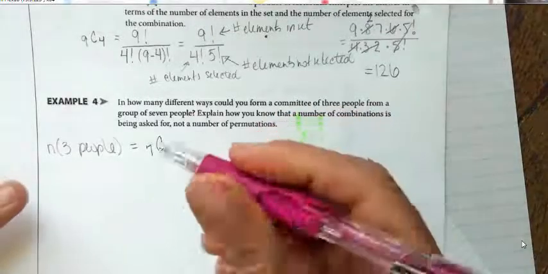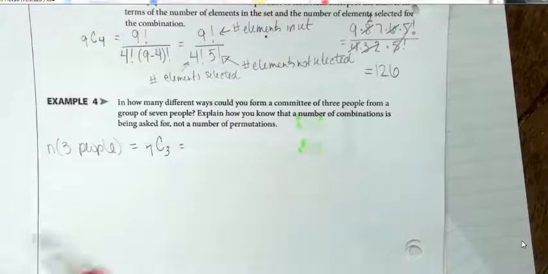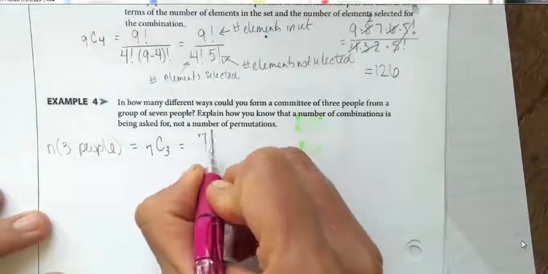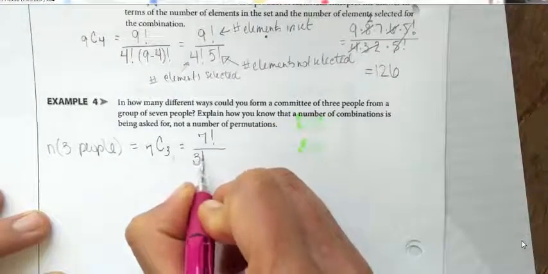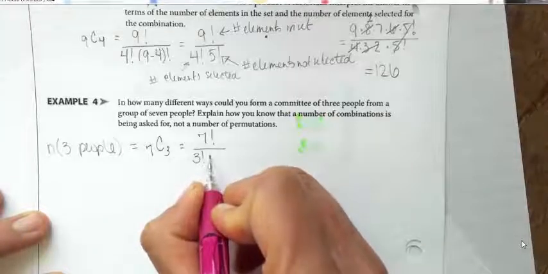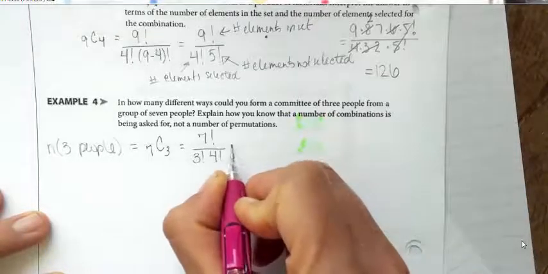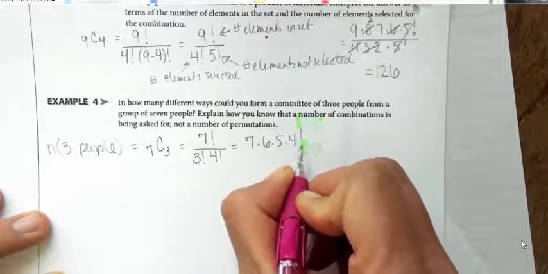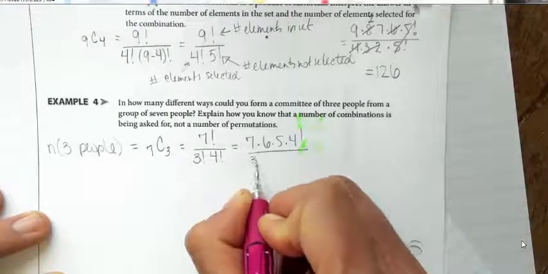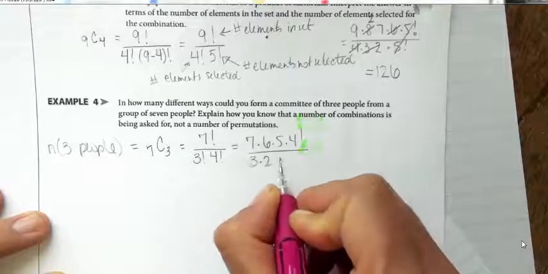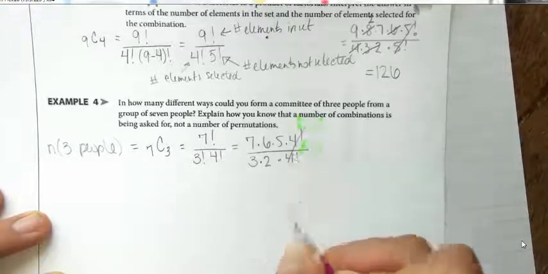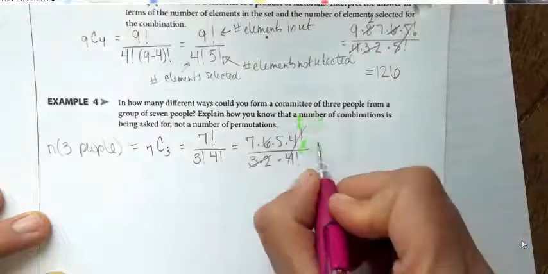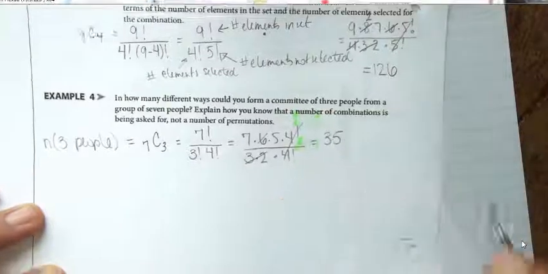So this becomes, the math is pretty simple once you get used to this. It's 7 factorial over 3 factorial, and the difference, 4 factorial. Okay, and then this is 7 times 6 times 5 times 4 factorial over 3 times 2, which is really 6, times that 4 factorial. 4 factorials go away, the 6 goes away, and I'm left with 35.